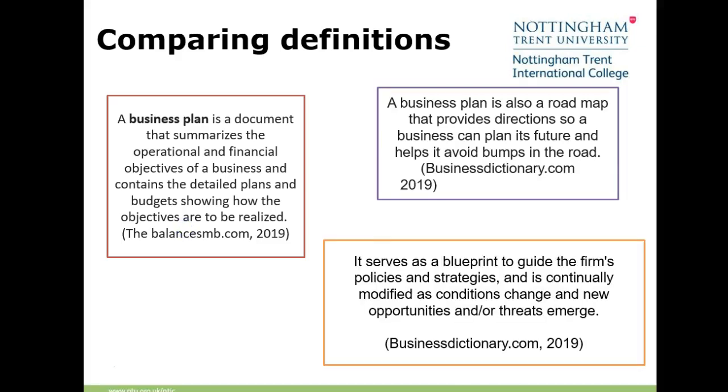So in this case, again, a business plan. You can ask them to look these up on their phone or on their laptop and then compare the definitions with other groups. So if they're working together in a group to find a definition, they then compare with other groups.